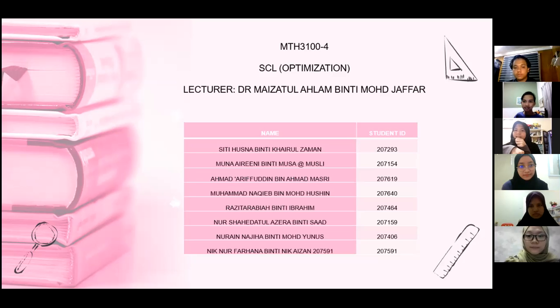Next person, Razita. Hi, my name is Razita Rabiah binti Ibrahim and my matrix number is 207464. Next, I will pass to Azira. Hi, my name is Nur Syahidatu Azira binti Saad. My matric number is 207159.